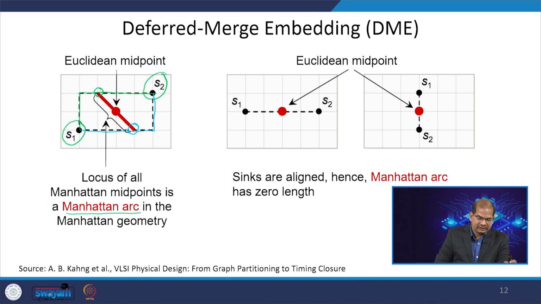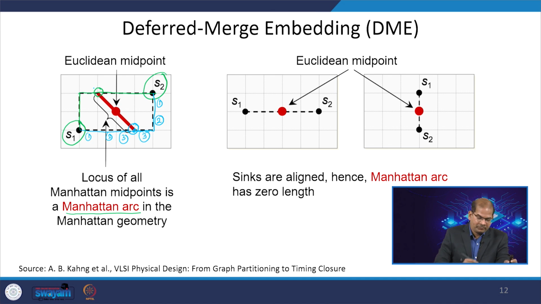If I count the segments, it takes one segment, two segments, three segments to reach this point. Similarly, on the other side, this is the first segment, the second segment, the third segment. That is why this is the midpoint.